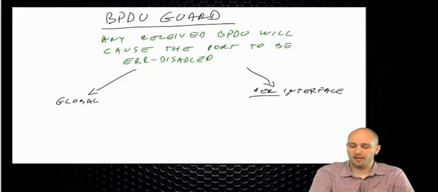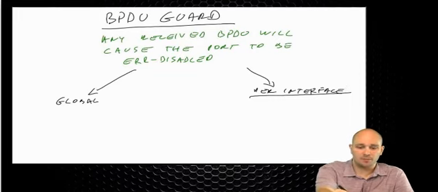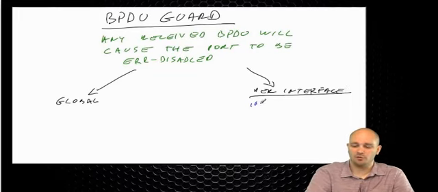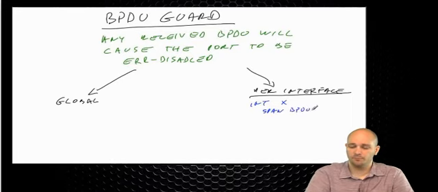Let me first explain per interface configuration. It's very simple. You're going to say interface X, spanning-tree bpduguard enable.